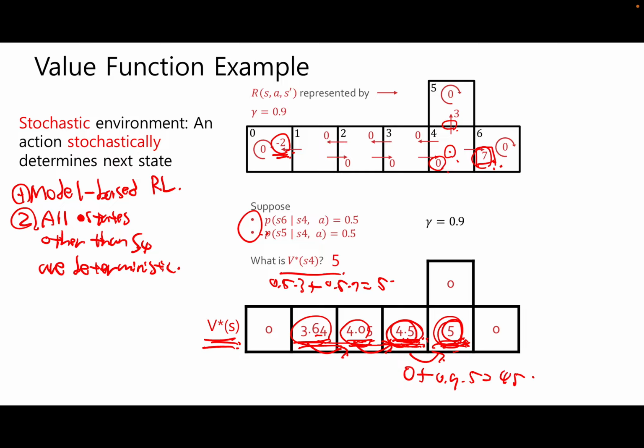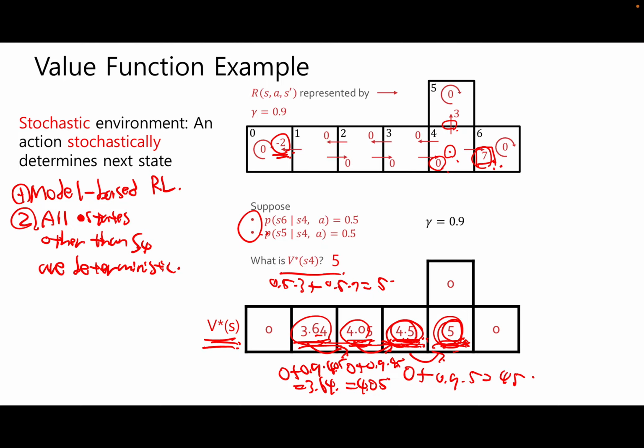And all the states and actions are deterministic other than S4, so there is no probability, and the problem becomes much simpler. We can just compute 0 plus 0.9 times 4.5. That gives us 4.05, and here is 0 plus 0.9 times 4.05. That gives us 3.64, right?